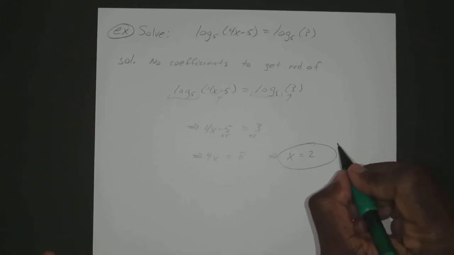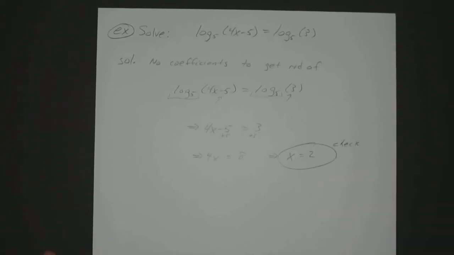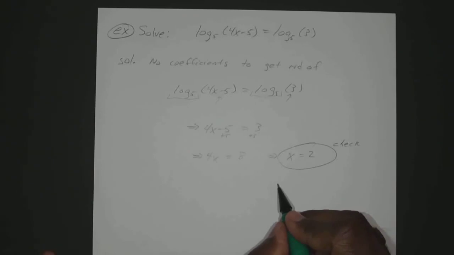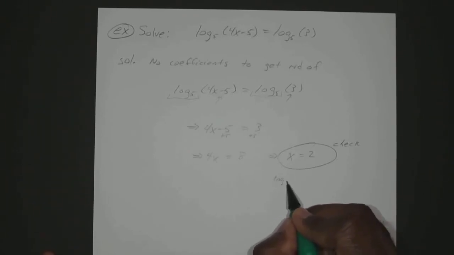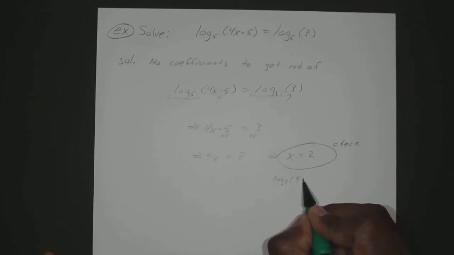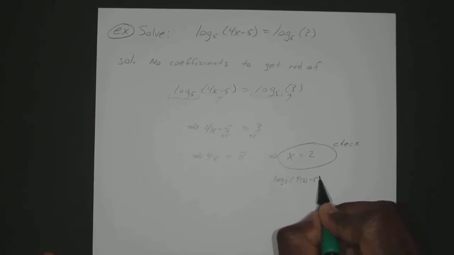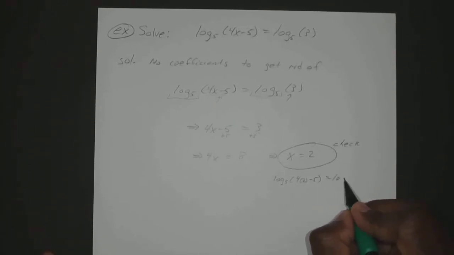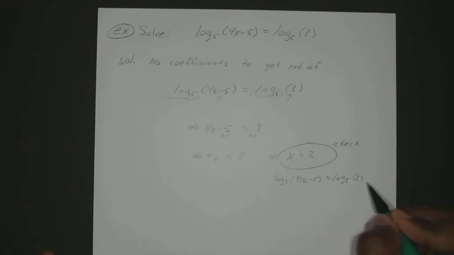Now we still have to check it, even though it's positive. So if we check it, we have log base 5 of 4 times 2 minus 5 equals log base 5 of 3. You don't really have to check the log base 5 of 3, but might as well write out the whole thing.